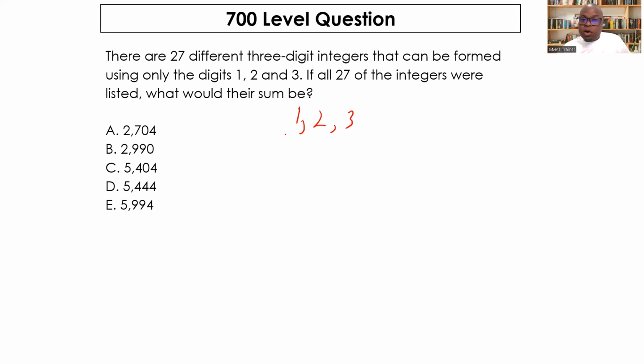Just for your own challenge, you could post a video attempt. Otherwise, let's just proceed. So they have 1, 2, and 3. All the number of ways that they can be listed for a 3-digit integer are actually 27. That's what we've been told. And now we're being asked to find what their sum would be.